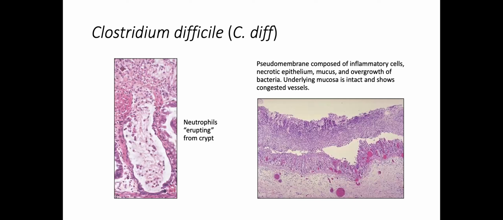Something else to note about C. diff: sometimes patients will get it after surgery, because during surgery they usually give patients a good big round of antibiotics, and they may develop C. diff afterwards. So it's just something to think about in the back of your mind.